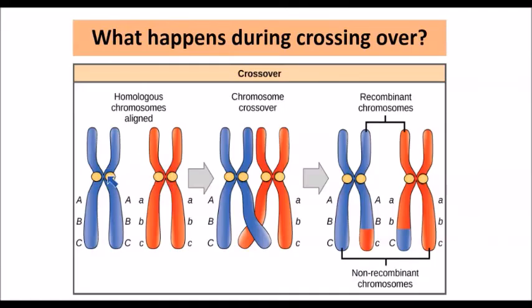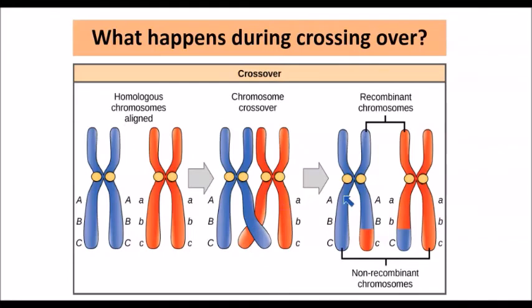Let's say the father's chromosome is represented by the blue, the mother's chromosome by the red. You can see that the sequence of genes is the same along both chromosomes. Now during crossing over, or synapsis, you can see that a piece of the father's chromosome is intertwining with a piece of the mother's chromosome.